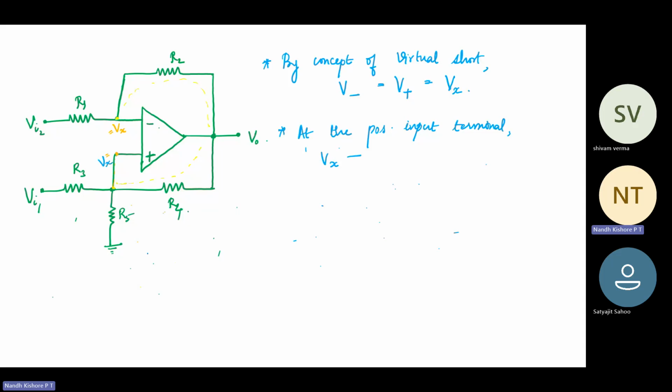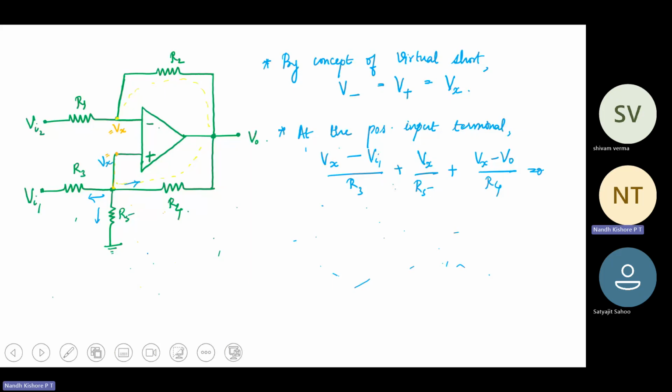So Vx minus Vi1 divided by R3 plus Vx by R5. So we wrote this current, and Vx minus V0 by R4 equal to 0. Okay, just we are writing the currents.